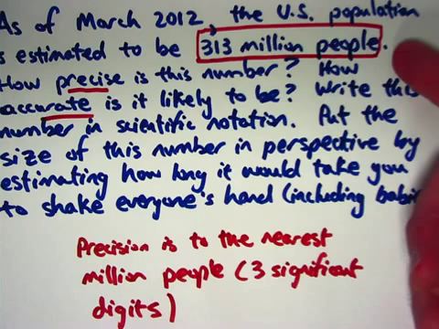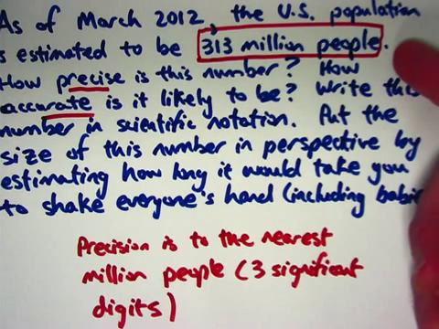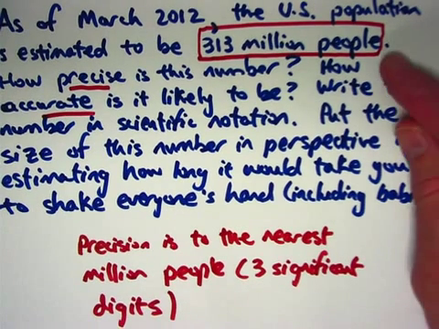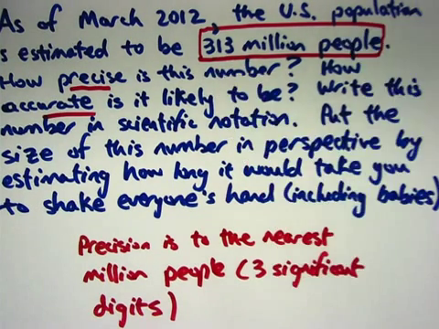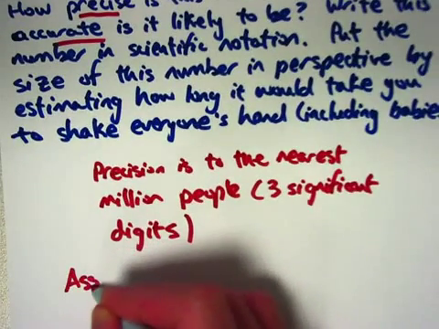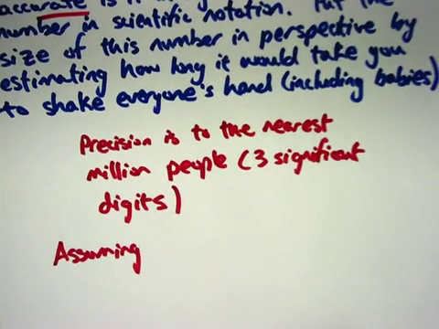It's hard to know. I got it off of a government website. Some people might claim that that means it's very inaccurate, but for the sake of argument, let's just assume that because the precision is given to the nearest million people, that means it's accurate to within 500,000 people. I'm making an assumption there when I do that. It's really based on the process for how the number was obtained.